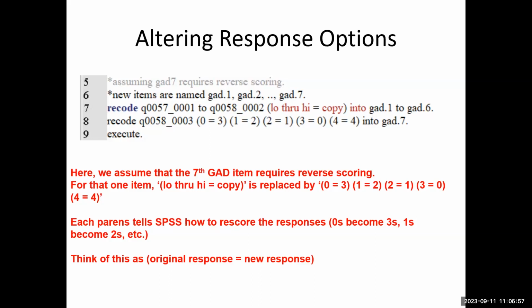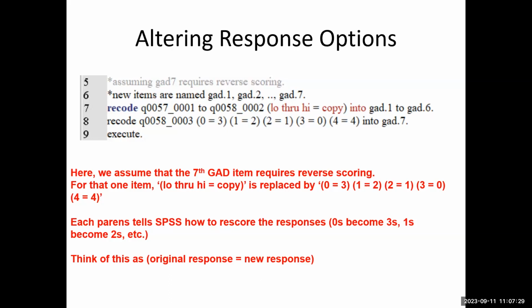It's Q0058_0003. And then we've got a series of parentheses. In each one, we're going to take the original response option and convert it to a new response option. So we're going to take the zeros, make them 3s, take the 1s, make them 2s, and so forth. Okay. And then we're going to convert or create this new variable or item GAD.7, okay?